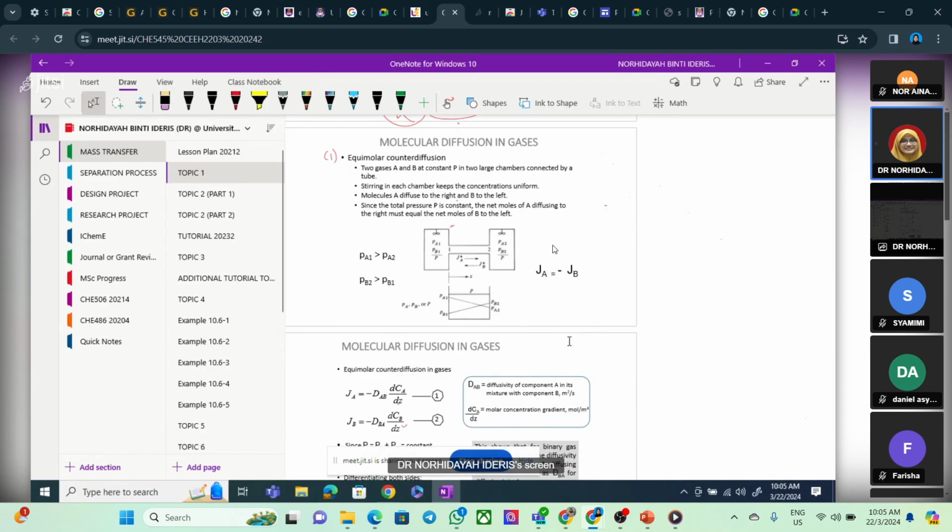We have a lot of equations that we need to apply for different cases of diffusion and convection. They're going to put them inside the appendix, and you need to have the ability to select the correct one. However, questions asking about the derivation might be asked during the assignment.